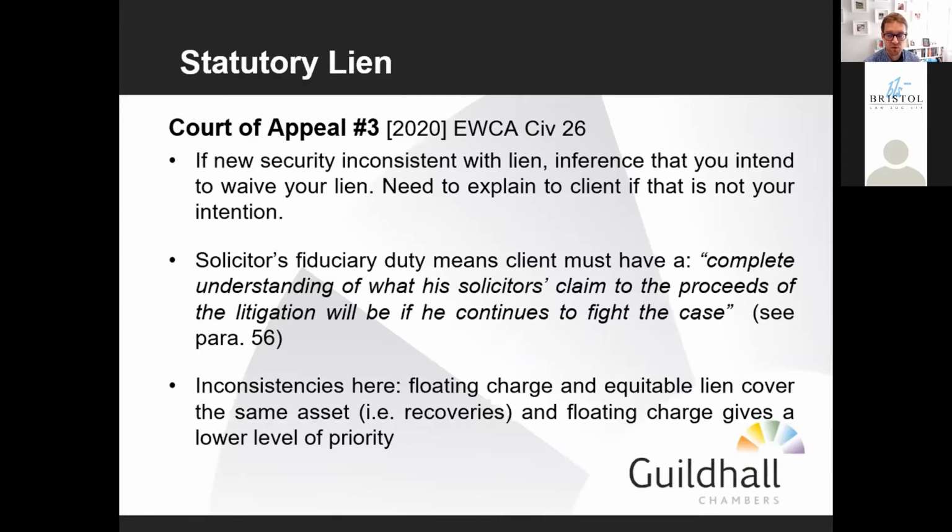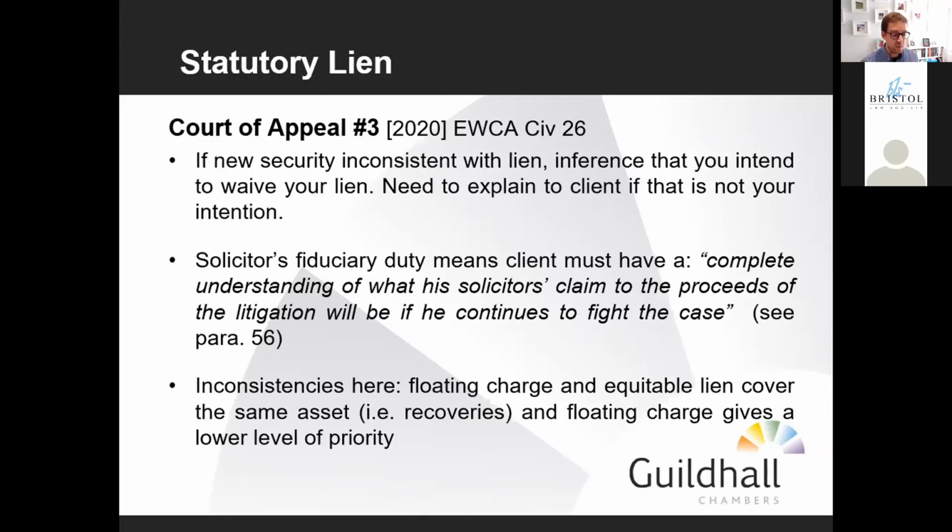take further or additional security that is inconsistent with a basic solicitor's lien, there is an inference to be drawn that the solicitor is intending to waive their lien, therefore losing the right to apply under section 73.